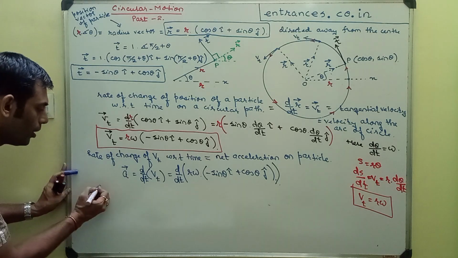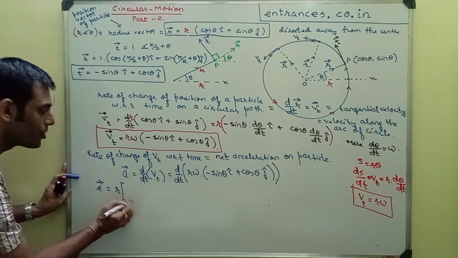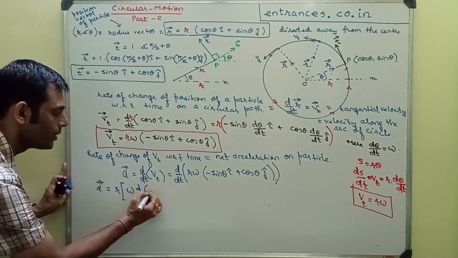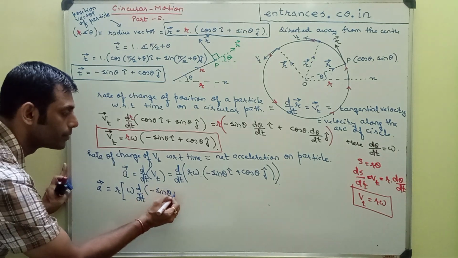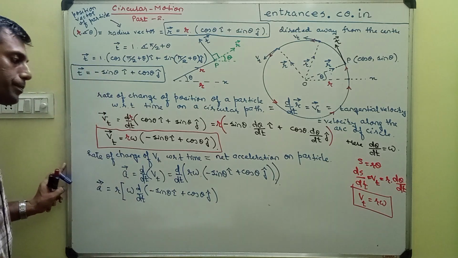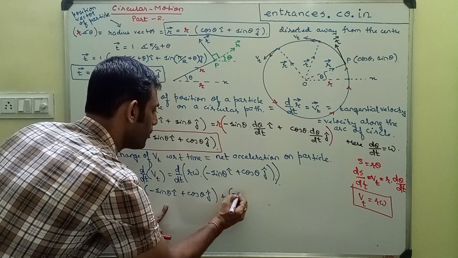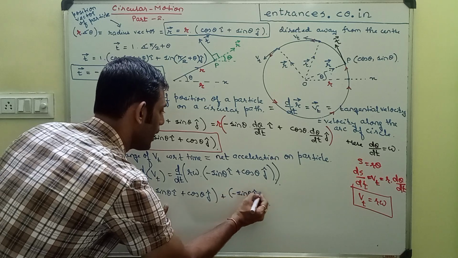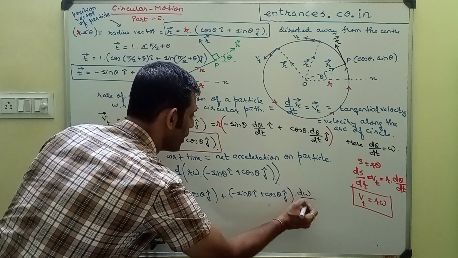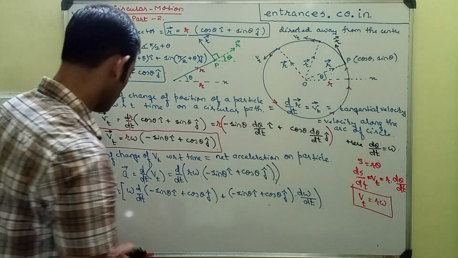So we apply the product rule, and we get the a vector as equal to r outside and inside omega into d dt of minus sine theta i cap plus cos theta j cap, and plus this minus sine theta i cap plus cos theta j cap into d omega by dt.